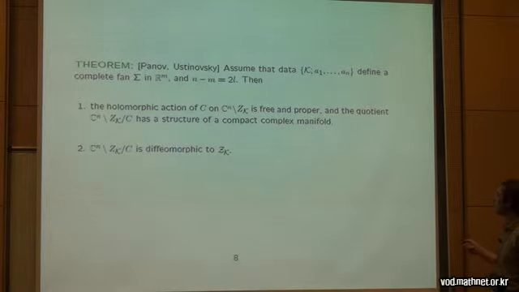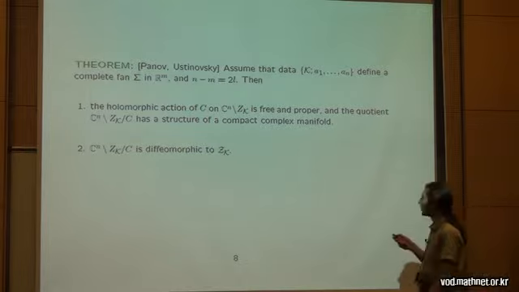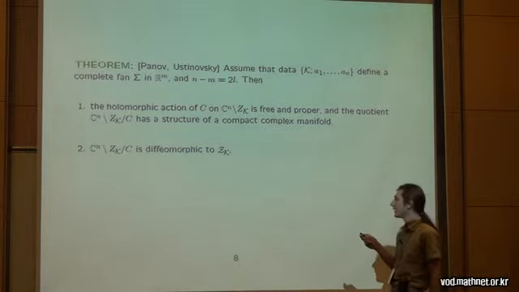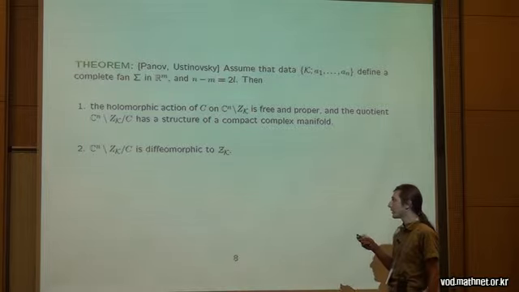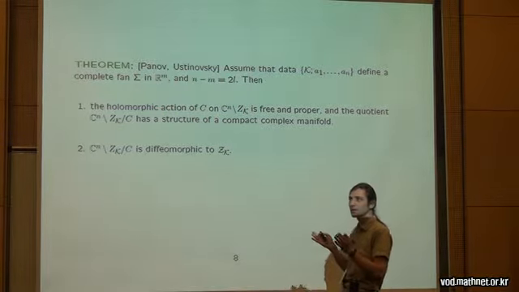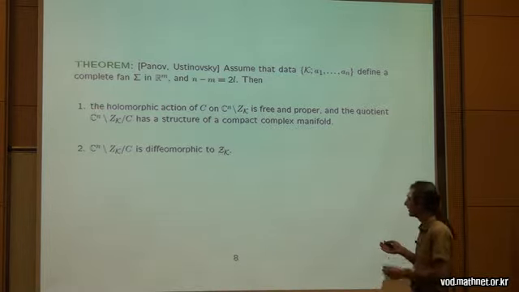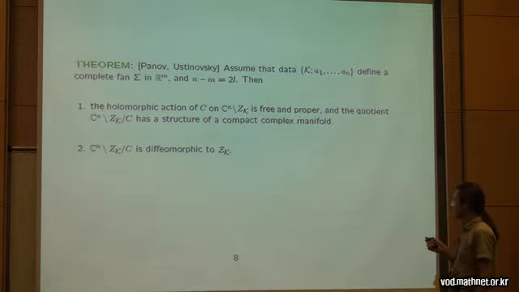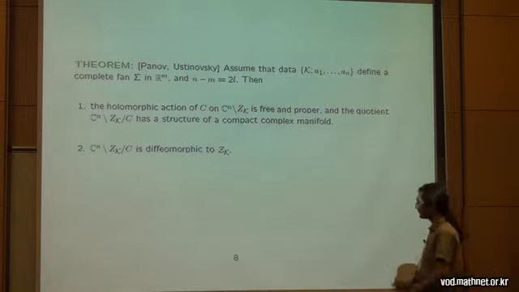Okay, and now we can introduce a complex structure on the moment-angle manifolds. Suppose we have this data that we just introduced, and suppose this data defines a complete fan in R^m. It is not necessary, we don't actually need rationality of this fan. It could be a real fan. Okay, and suppose that the difference n minus m is even.